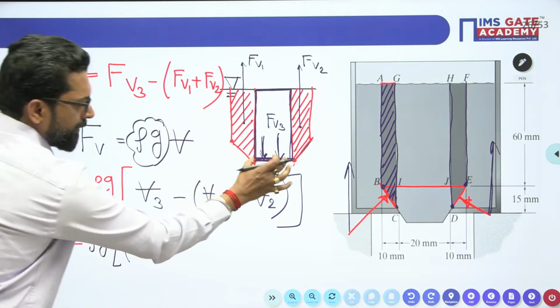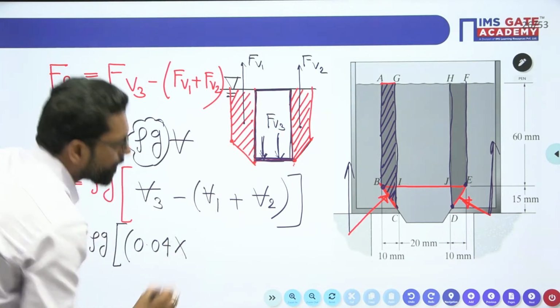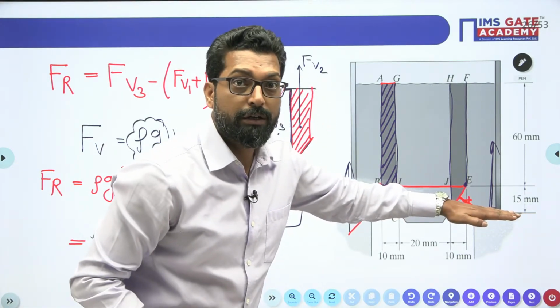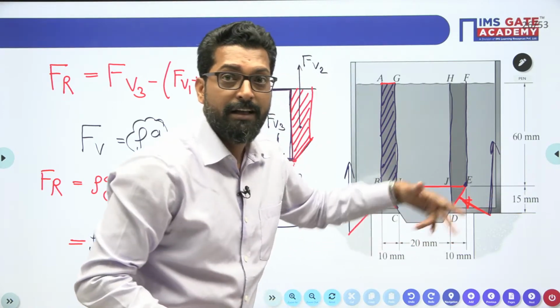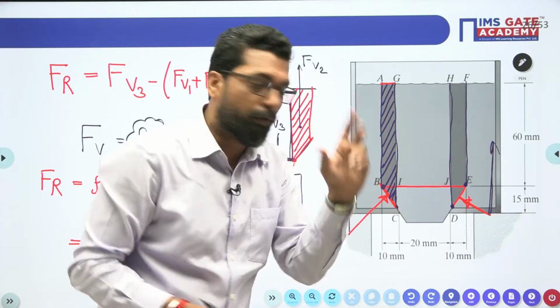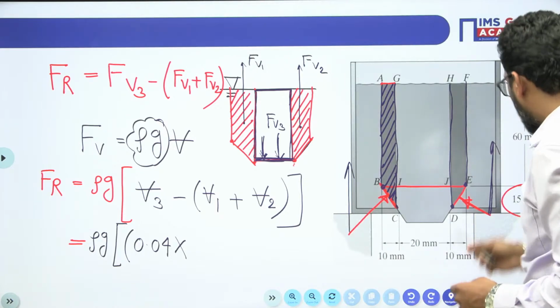meter. This is the horizontal dimension. What is the vertical dimension? From here, not from here. If you are doing it rapidly in the GATE examination, you may make a mistake. So be careful. 99% of students get confused and take 15 also.